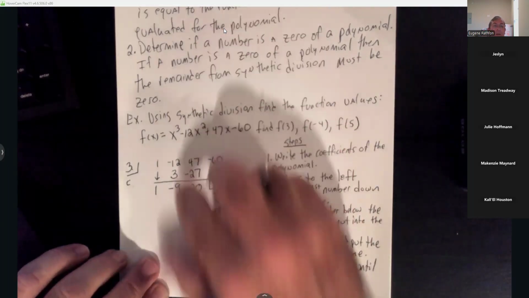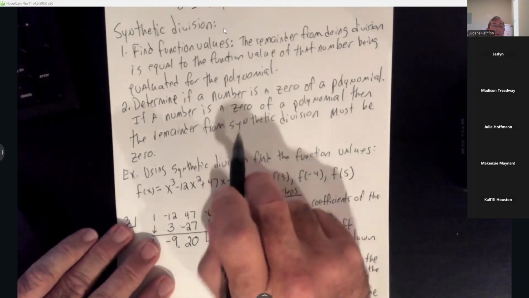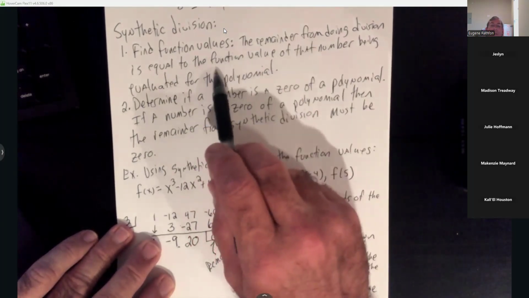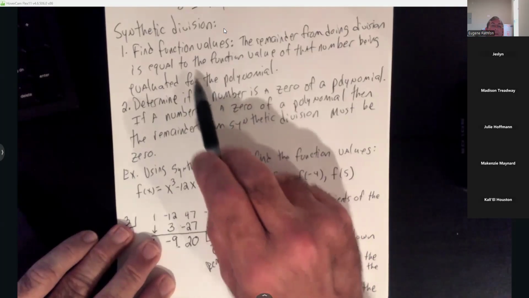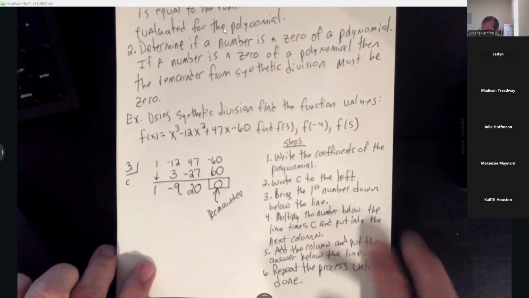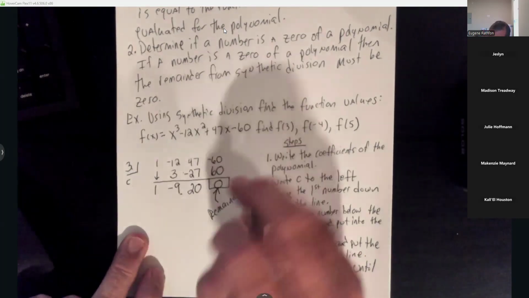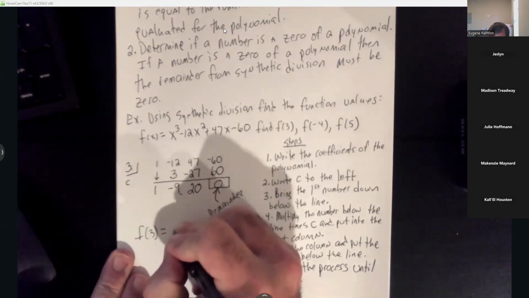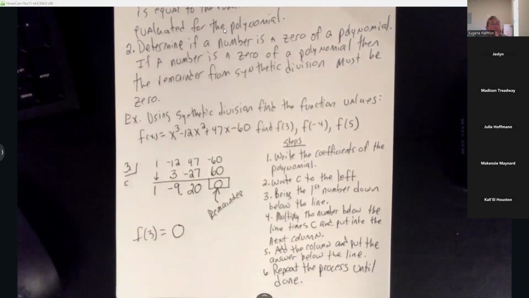Now remember up here, I said that when you're finding function values, the remainder is equal to the function value. Well, y'all look here. My remainder is 0. So that means f of 3 equals 0 for that function.